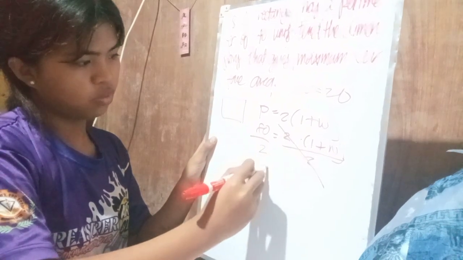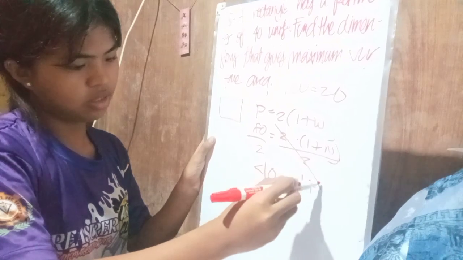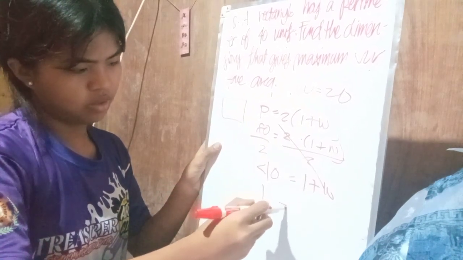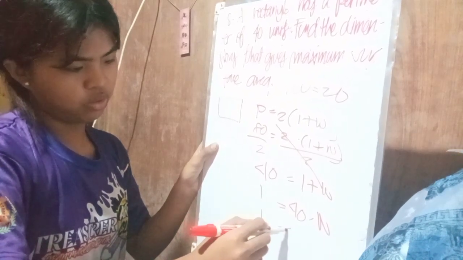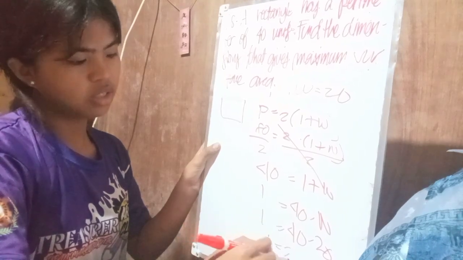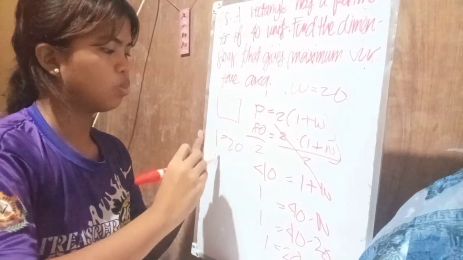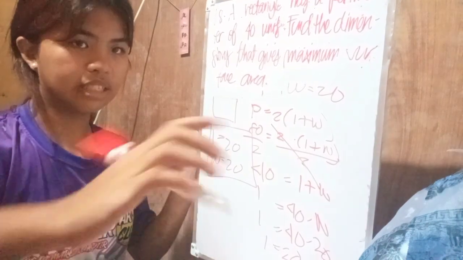Cancel. 40 equals length plus width. So l equals 40 minus width. So l equals 40 minus 20. So l is 20. So, same. Length is 20, width is 20. The answer for number 48.